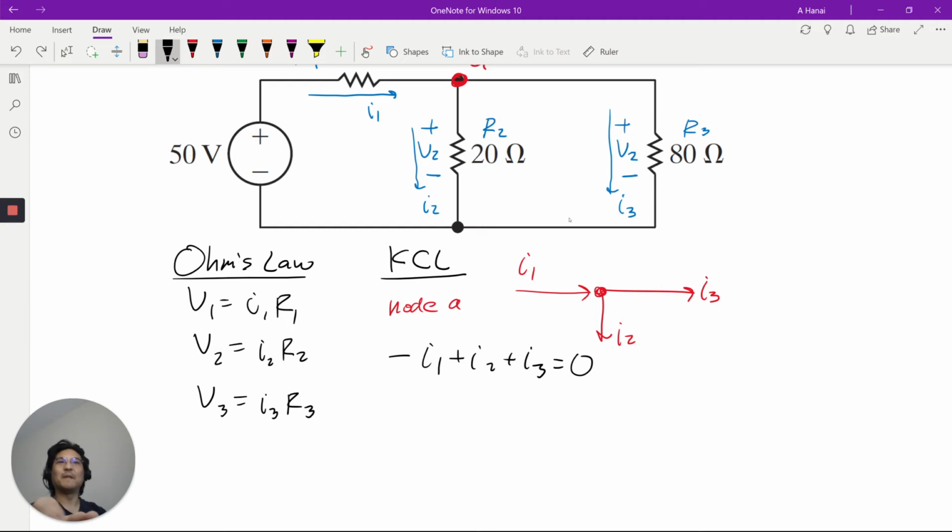Okay, so we got 4 equations for 5 unknowns. It's pretty good. We just need one more equation. If we try node, I'll call this node B. Node B looks like there's current, see this one like this? Right, this is I1.